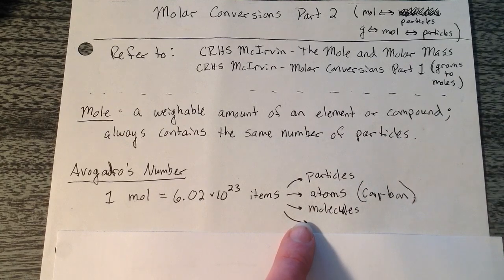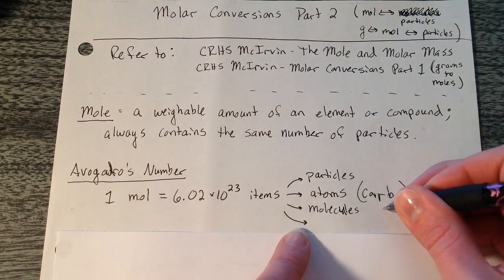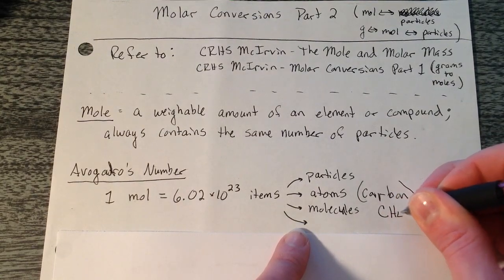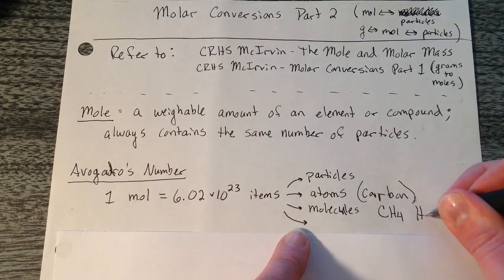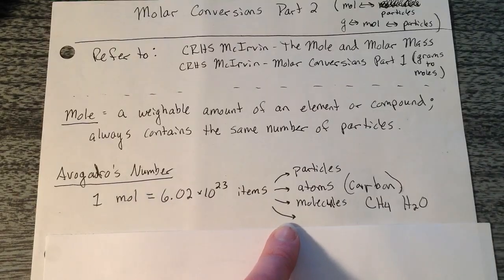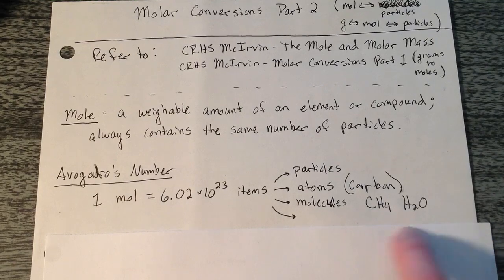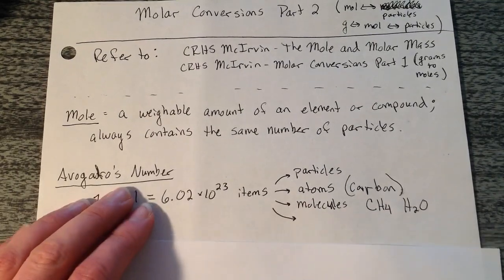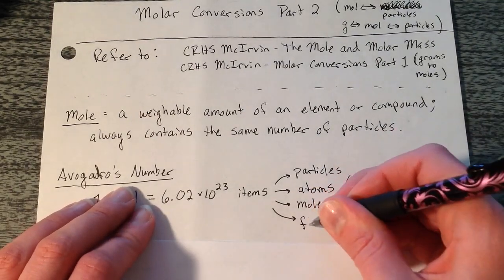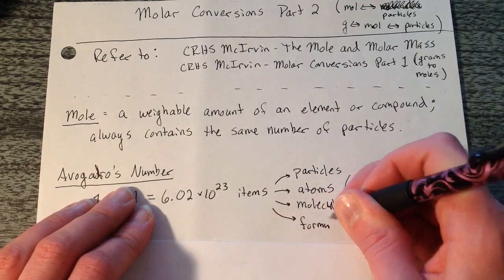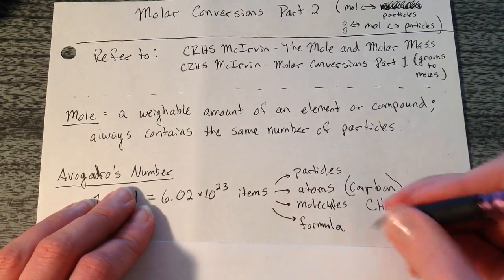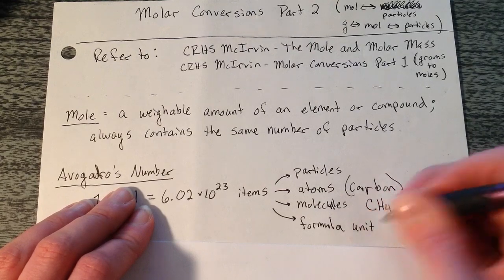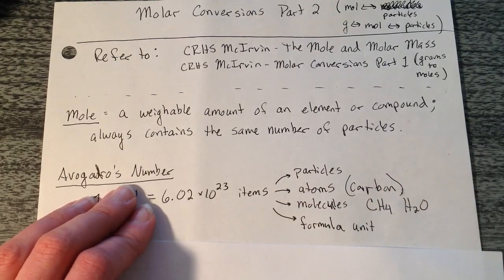Another example would be molecules. Molecules refer to non-metal bonded to non-metal substances. For example, methane, CH4, or water, H2O. Those are molecules that contain more than one element. And then just a technicality. I'm not going to get this technical, but I will use this vocabulary later in examples just so you've seen it.